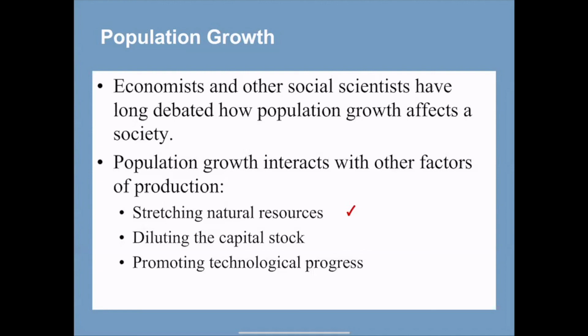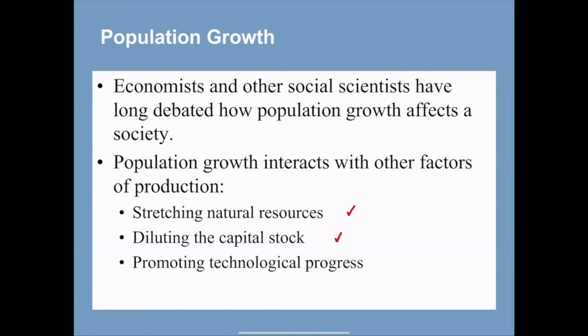The second is about diluting the capital stock. It's the concept that the higher the number of population, the share of capital will decrease. Then economic growth may not be achieved. So this is the debate on the second topic. And the last one is quite different. They think about it the opposite way.